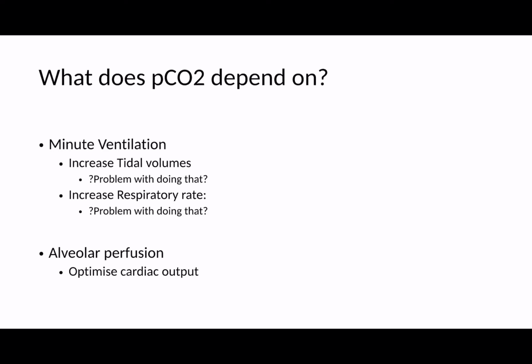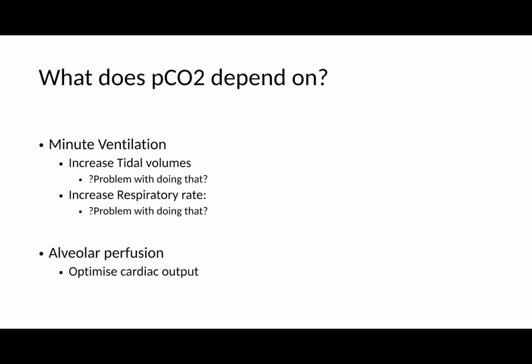So if you give 500 mils of gas and you do 10 breaths per minute, then every minute you are making 5 litres of gas come out of that patient's mouth, and therefore 5 litres of carbon dioxide rich gas coming out.